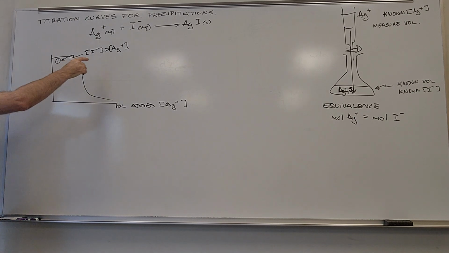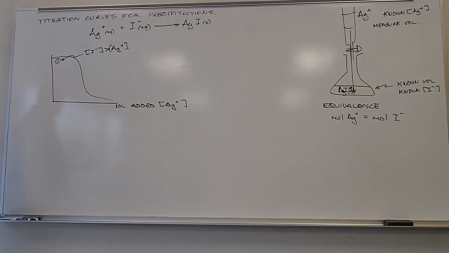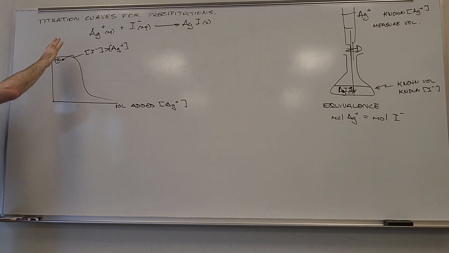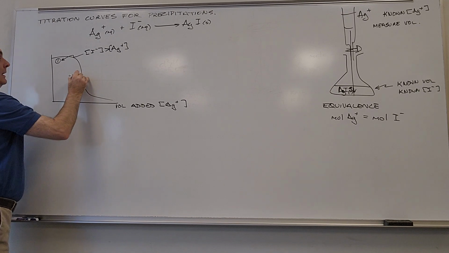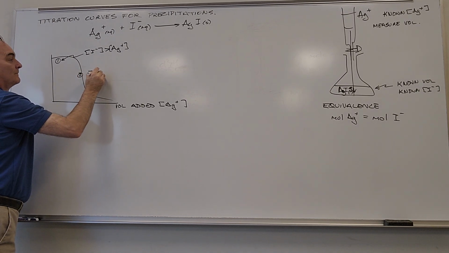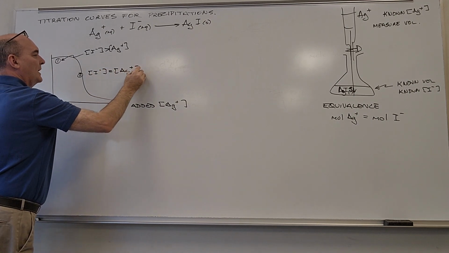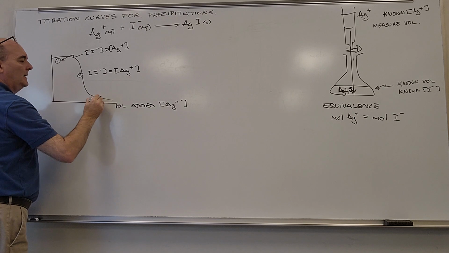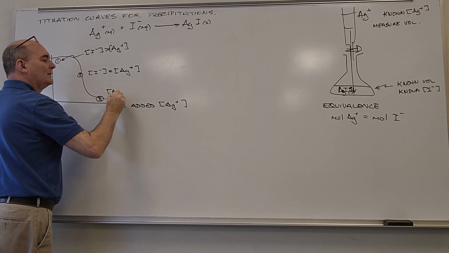Okay, so out here, we would expect that every single ion of silver that goes in gets snapped up by the excess iodide. It gets pulled out. And then there, at equivalence, those amounts are the same. And then here, past equivalence, you've added too much silver.